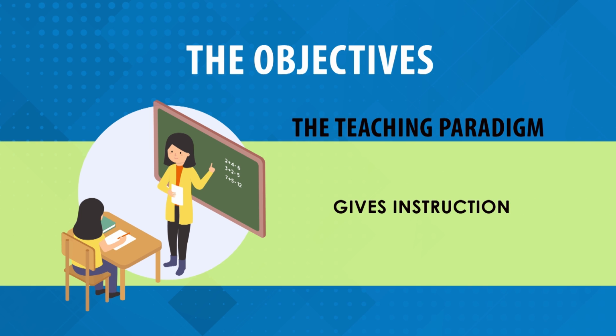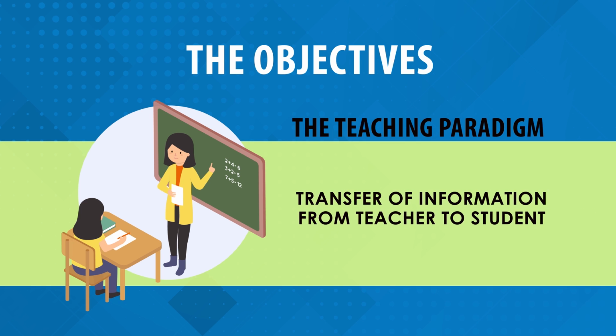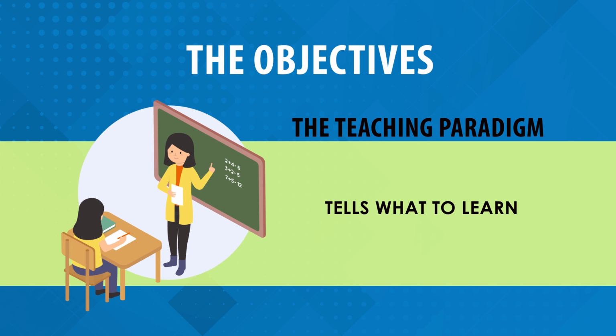The teacher gives the instruction, and in doing so, he transfers the information from him to the student. He tells the students what to learn and makes every student reach the answer which he has decided.